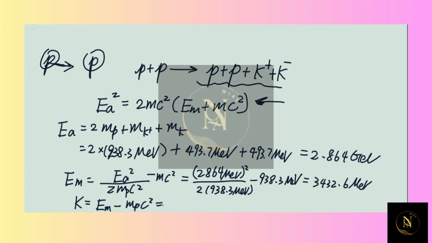So it's 3432.6 MeV minus another 938.3 MeV, and a total of 2494 MeV. This is the amount of kinetic energy carried by the proton, and this is going to be the threshold kinetic energy in this reaction.